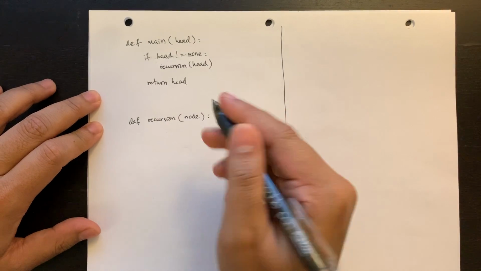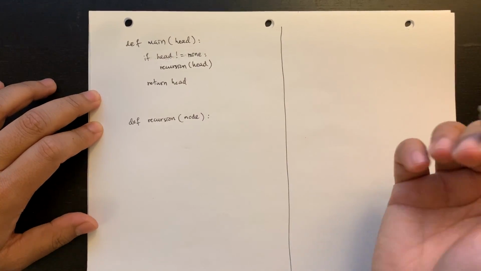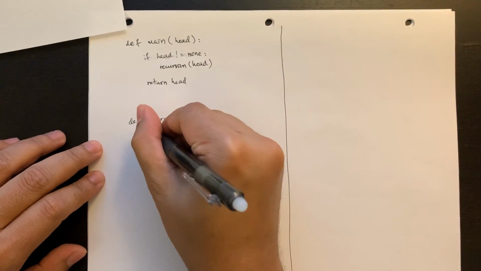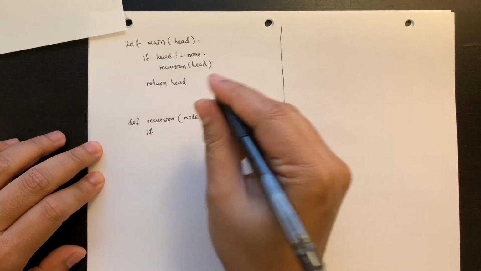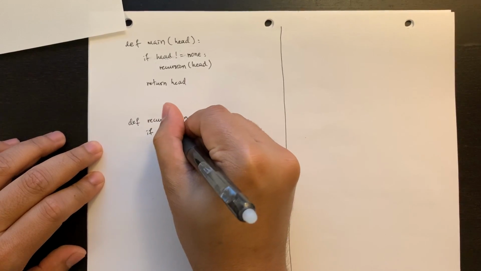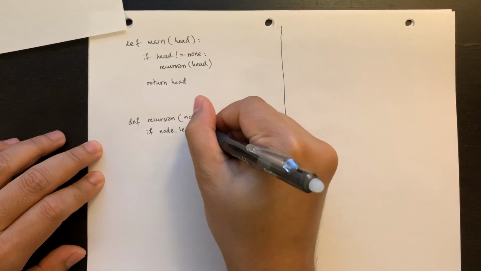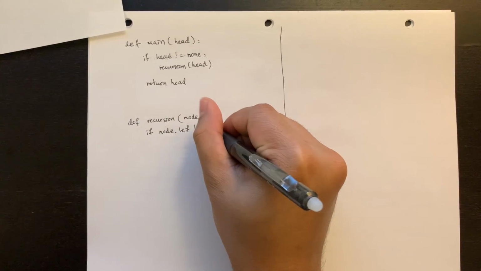So first we need to check our child. If we have a child, we want to connect two of them.